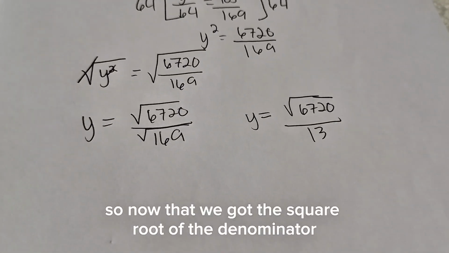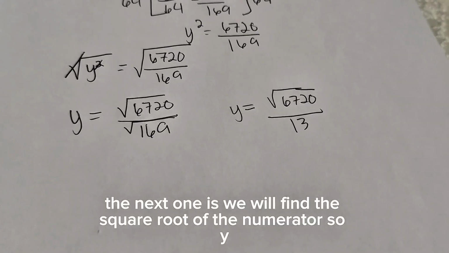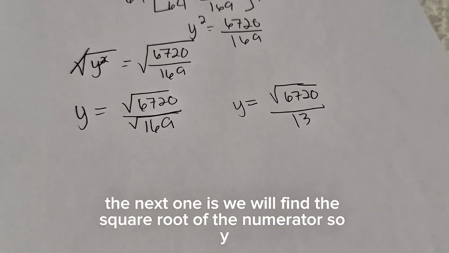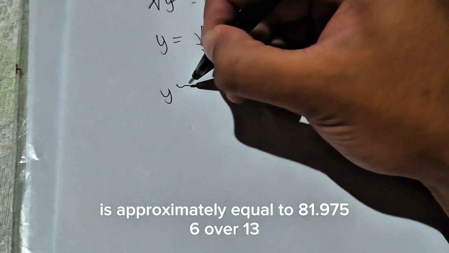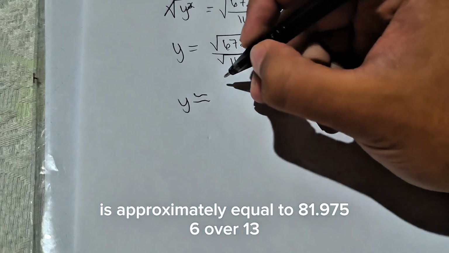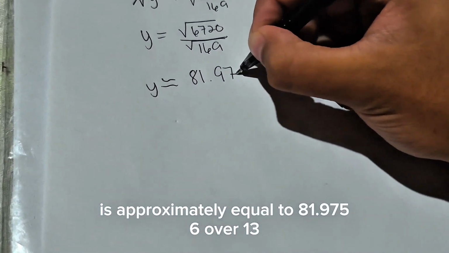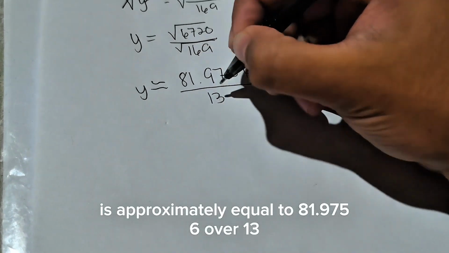So now that we got the square root of the denominator, the next one is we will find the square root of the numerator. So y is approximately equal to 81.9756 over 13.